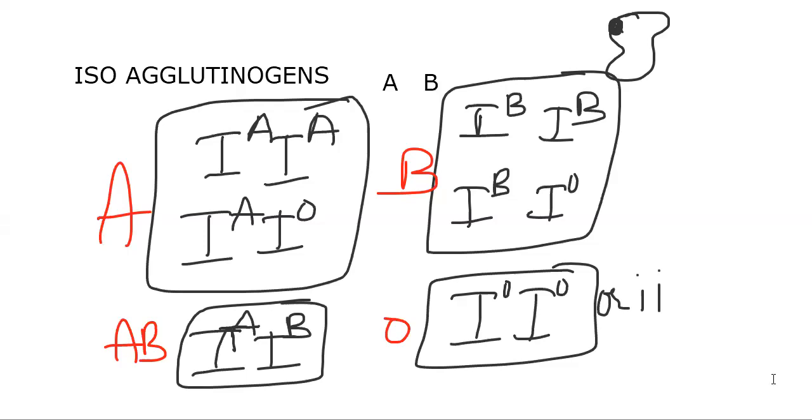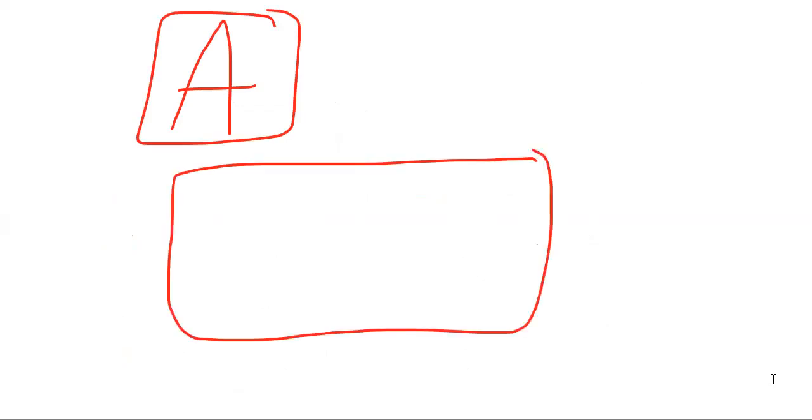Okay. Now I am giving the conclusion for each blood group. A blood group: all the issues related to the A blood group. I am drawing a blood smear. On the surface of RBC, a sugar polymer A is present.